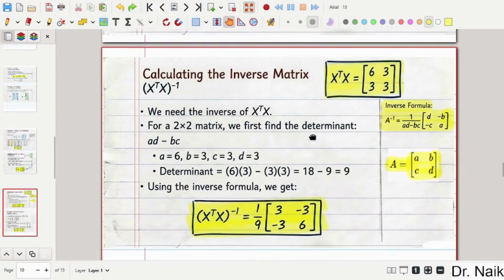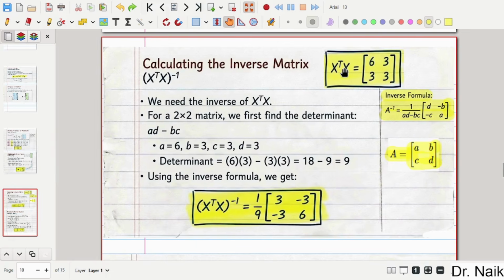Now calculate the inverse of the matrix X transpose X. We know that if A is the matrix [A B; C D], then its inverse is calculated by the formula 1 divided by (A into D minus B into C), multiplied by the matrix [D -B; -C A].